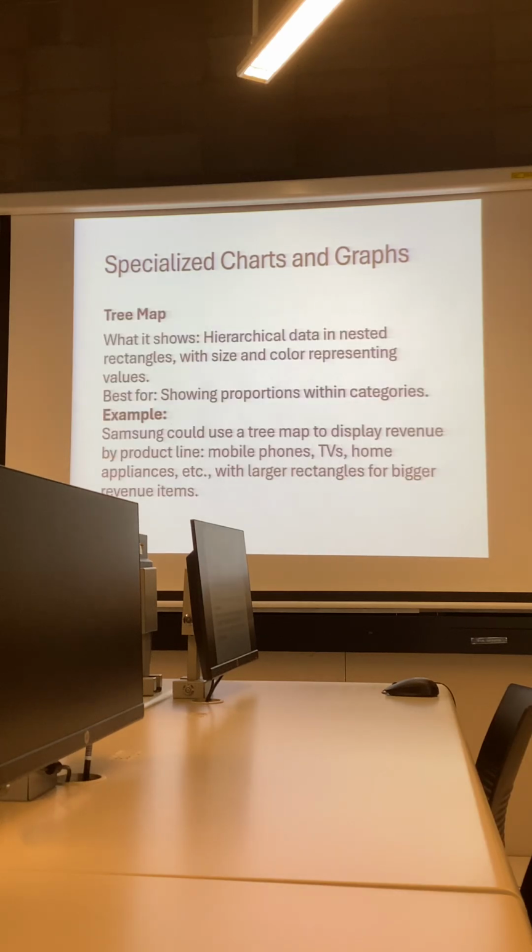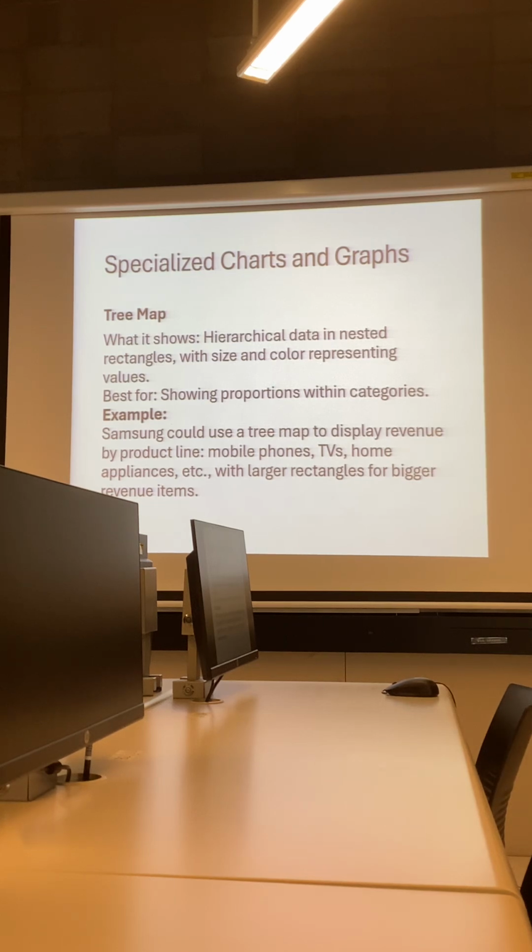Okay. So we call it a PERT chart. Now there's another chart, the tree map, from the word tree. It shows hierarchical data in nested rectangles with size and color representing values.